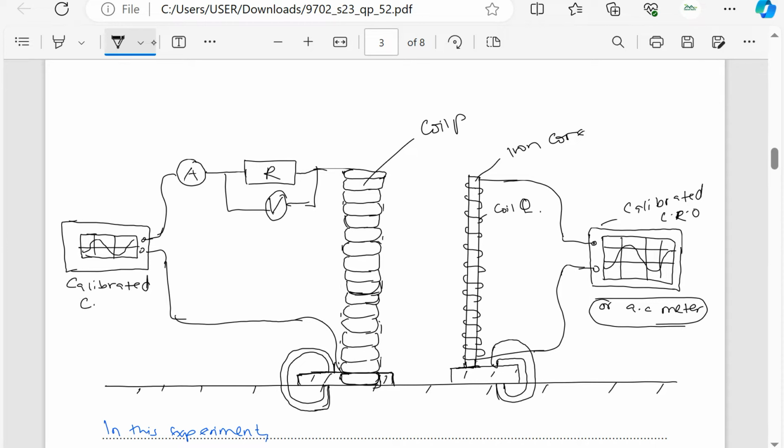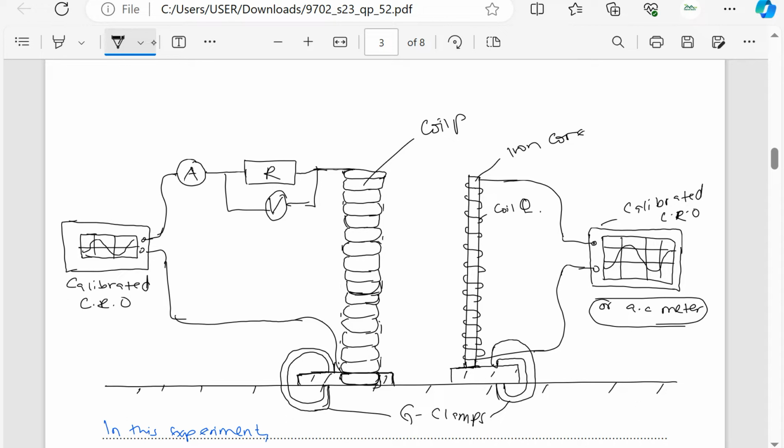This one will help me to find the frequency of the EMF, which is, of course, connected to an alternating power supply, so it is going to give me the frequency of the EMF of coil P. Okay, so these are G-clamps. I think I've named everything that I need to name.